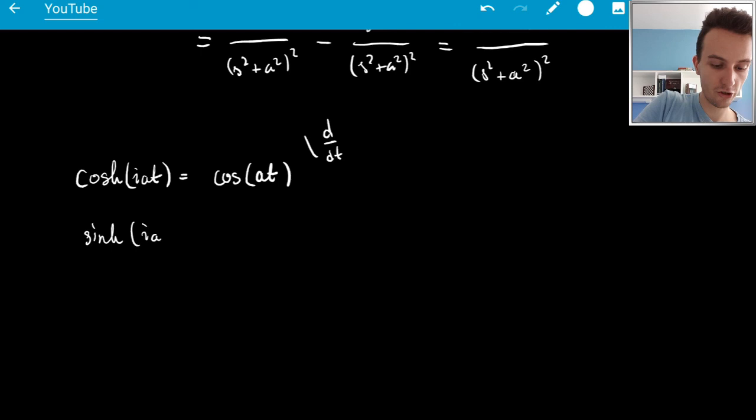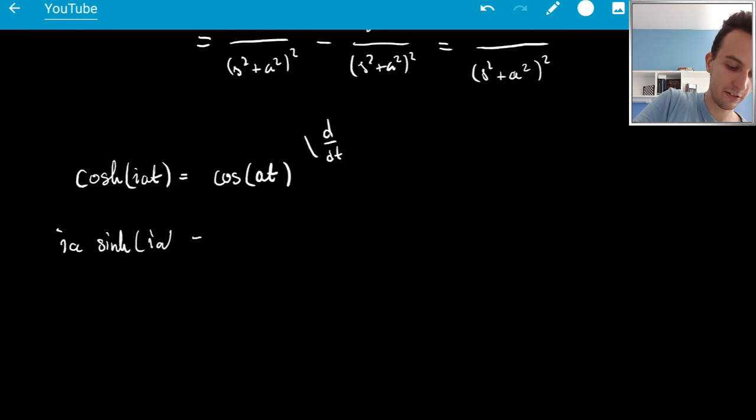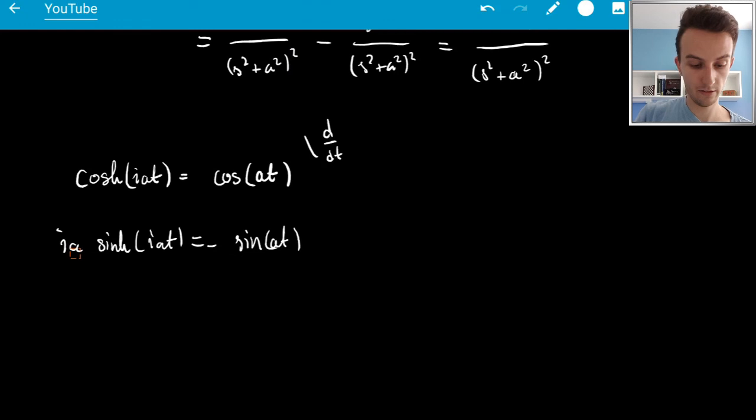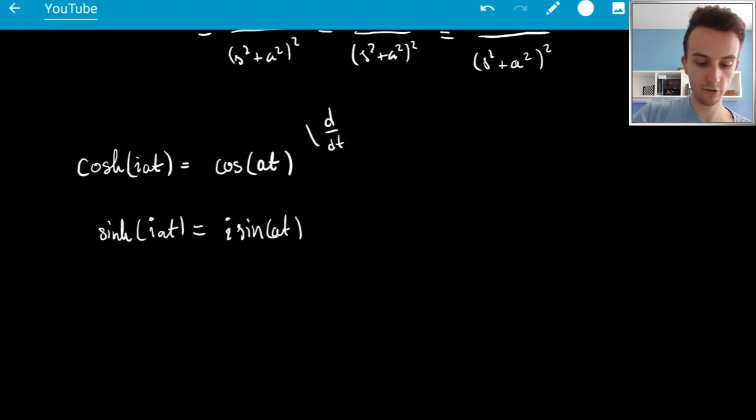So then sinh iat is 1 over i, I'm dividing, right? And then this is minus cosine, so that's, okay, wait, let's go slower. So this is ia sinh iat. This is equal to a sine at with a minus. Okay, so the a's cancel, and then dividing by i gives minus i, so this minus cancels, so like this. Okay, so you just use this substitution.